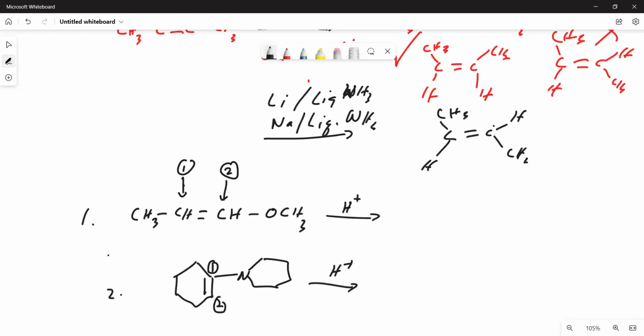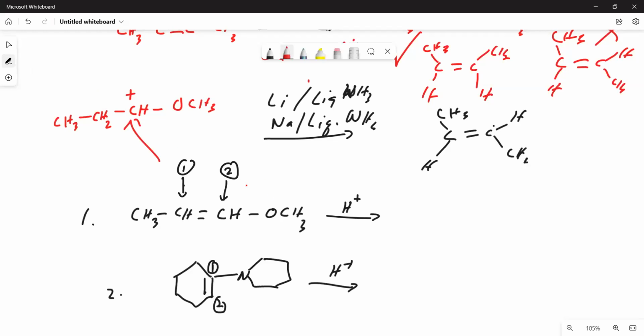So in the first example, if you attach the electrophile at carbon number 1, as I indicated, you will end up with this intermediate, CH2, and the carbocation will be here, and you have OCH3.